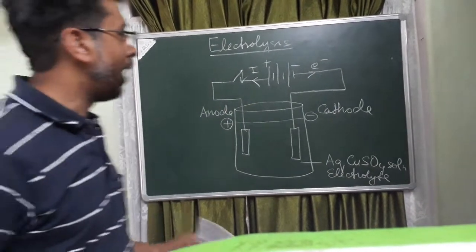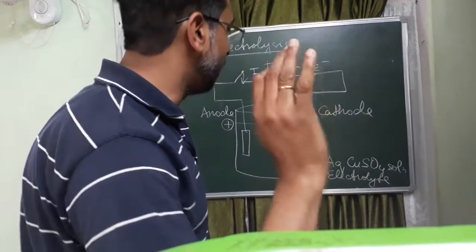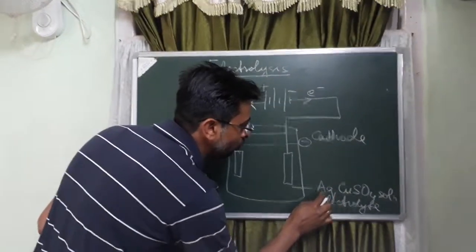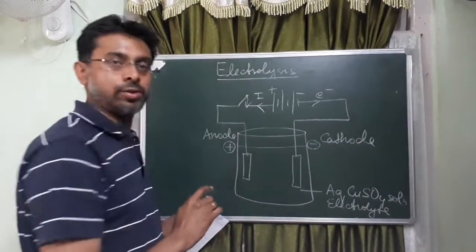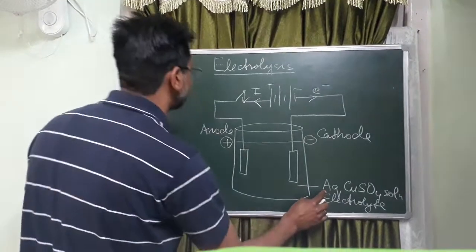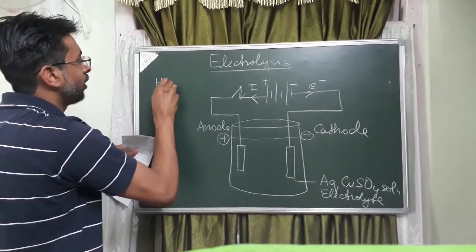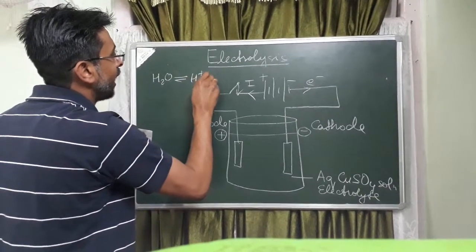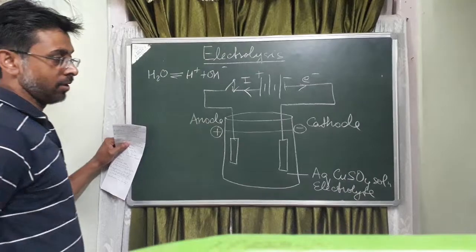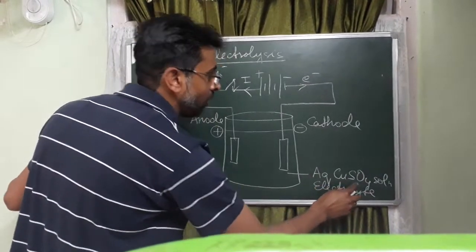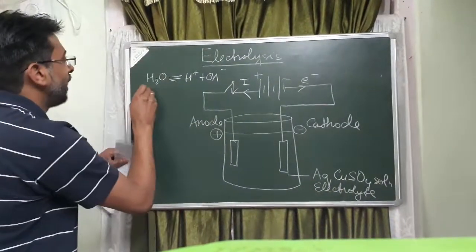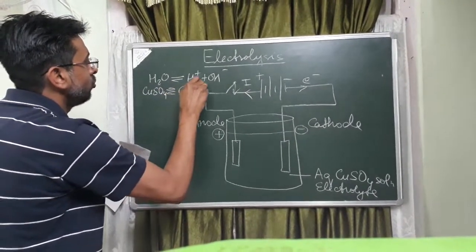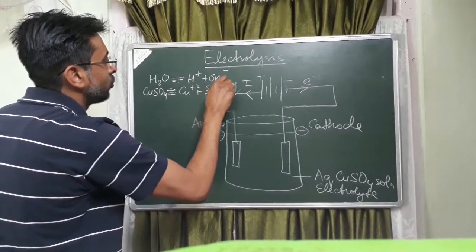But before that, I would like to explain some more things. It is very important to understand what ions are provided by this aqueous copper sulfate solution. When I say aqueous, I mean water. So water molecules provide us with H plus and OH minus ions. The salt copper sulfate, which is an ionic compound, provides us copper ions Cu plus 2 and sulfate ions SO4 minus 2.